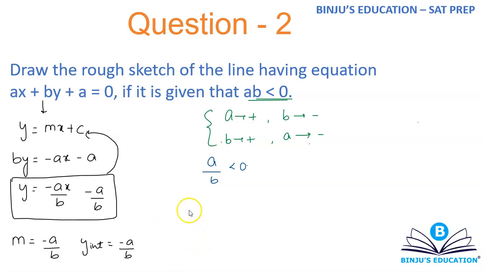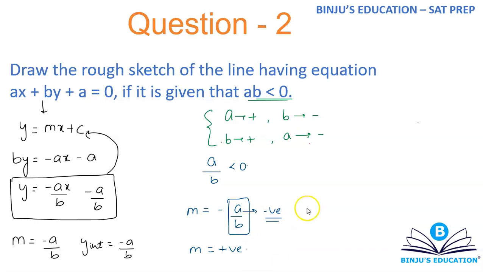So if I talk about the slope, which is minus a by b, this part is less than 0 or this part here is negative. So slope is minus of negative, which will automatically give you slope is positive. Because a by b itself is negative, guys, so negative of negative will automatically make it positive.